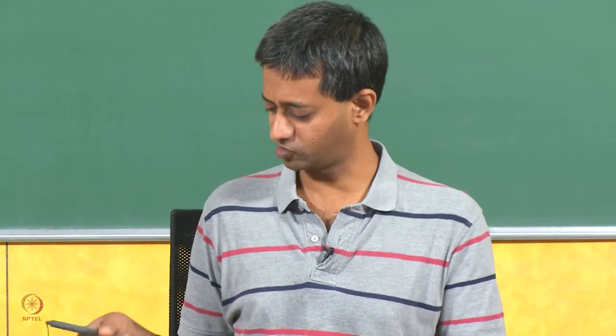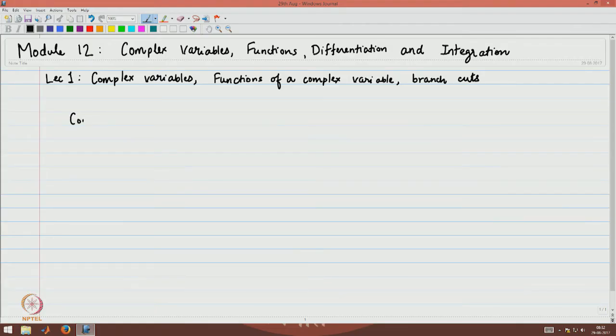Okay. So a complex number is an ordered pair of real numbers. Okay. So you can have something like (A, B), where A, B are real numbers. Okay. And so this is the basic definition of a complex number.